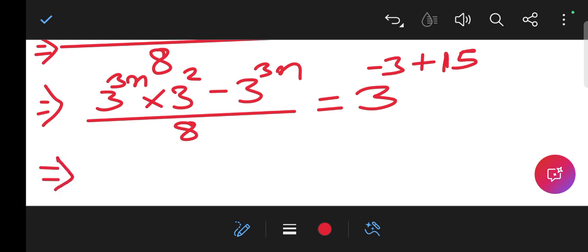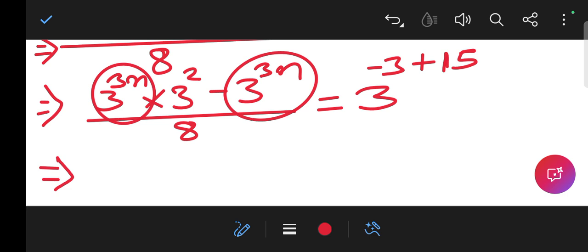So here, 3 raised to the power 3n, we are going to take out as a common factor. In both the terms we have the same value, that is 3 raised to the power 3n.